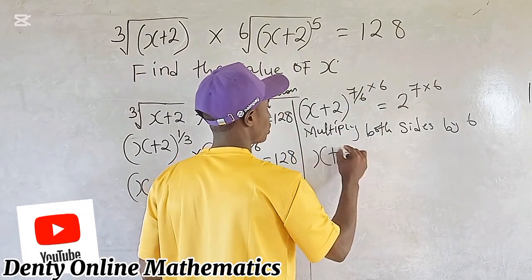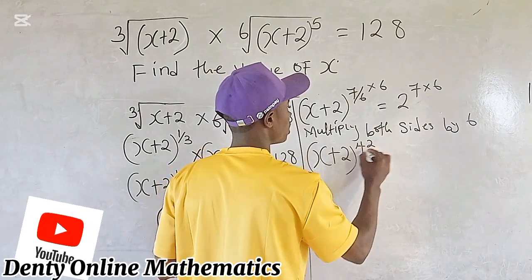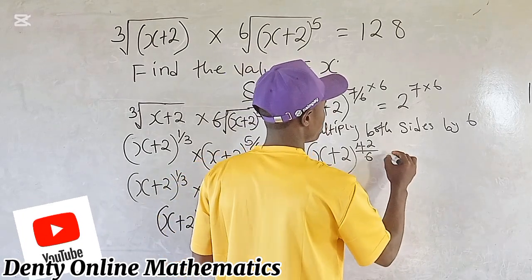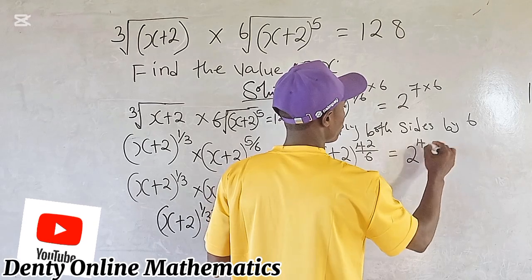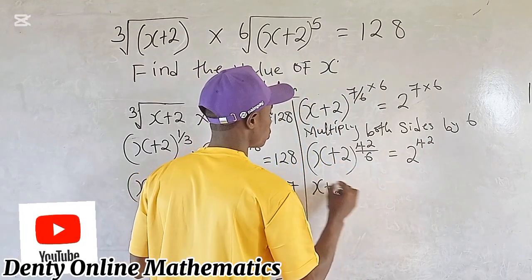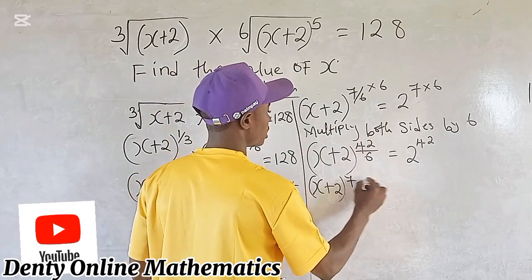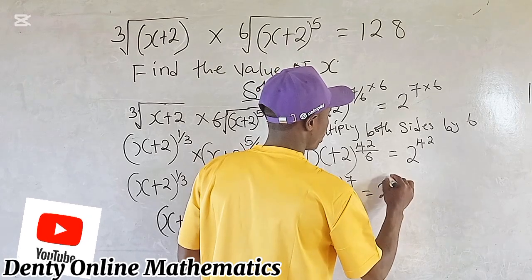So our x plus 2 raised to the power of 42 divided by 6 is equal to 2 raised to the power of 7 times 6, which is 42. Now this is the same thing as x plus 2 raised to the power 42 divided by 6, which gives us 7. So this will be equal to 2 raised to the power of 42.